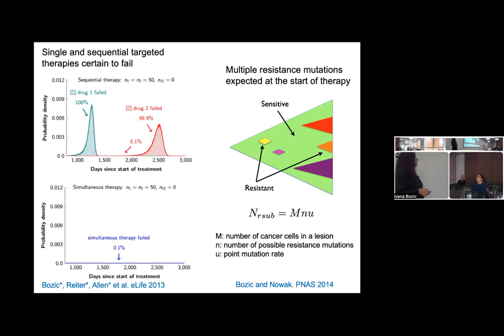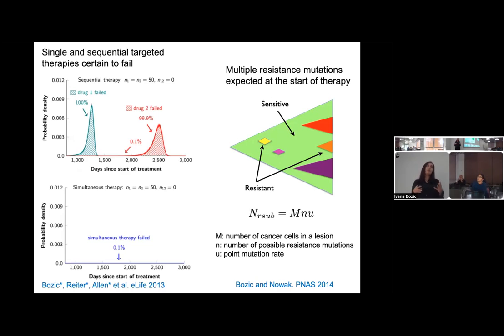These are two papers from almost a decade ago now. I can't believe how much time has passed, where we looked at models for the evolution of resistance prior to and following targeted treatments.